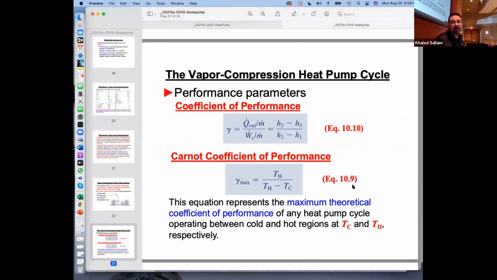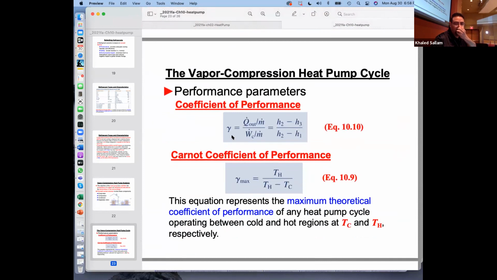So for the heat pump, it's gamma, and the best gamma ever is what Carnot can give you, and that's TH over TH minus TC. And don't think that any cycle works on Carnot, because I see that all the time too. You ask students about gamma of the cycle and you give them all the H's, and they go for TH over TH minus TL.